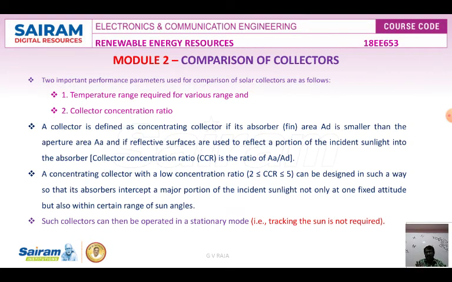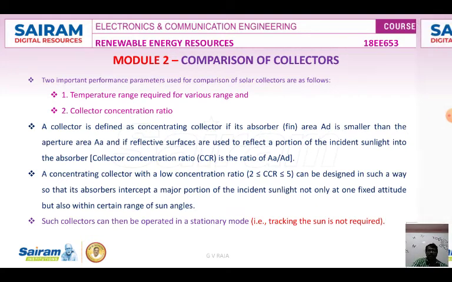So the acceptance range is as wide as 40 to 60 degrees, and the energy can be received from the sun. Such collectors can be operated in stationary mode, and tracking the sun is not required. If we need to generate higher temperature, the collector should have a high concentration ratio, that is, CCR greater than 10. In the sense that a high amount of temperature can be generated using this technology.